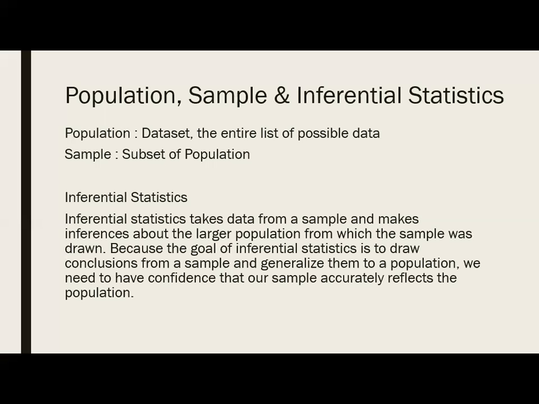So basically the sample should represent the same kind of ratio when compared to the population, or almost the same. From this, we found out the population and sample difference and inferential statistics. So the sample should be proper, reflecting the population.